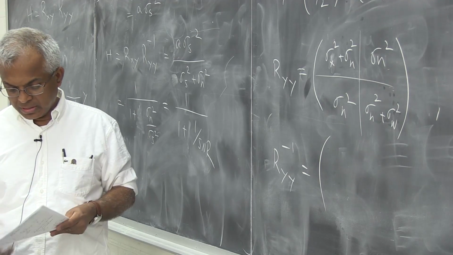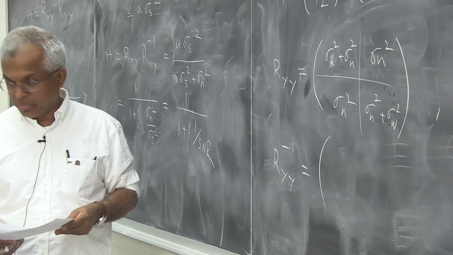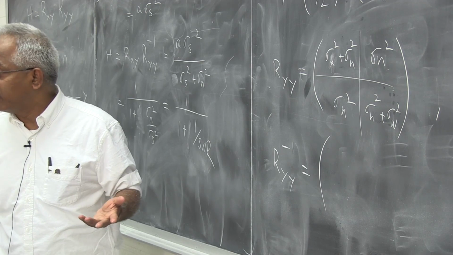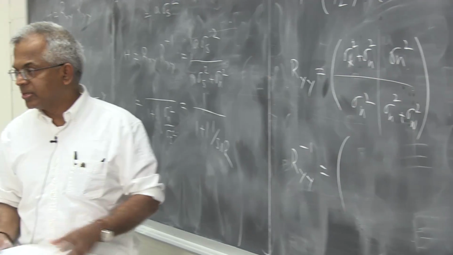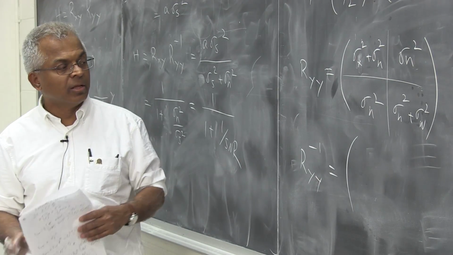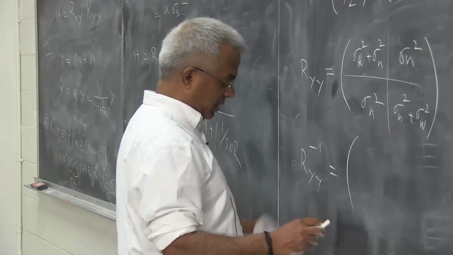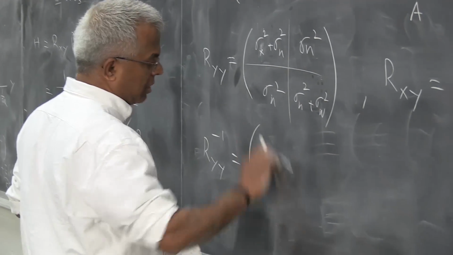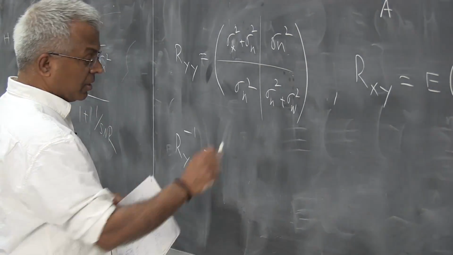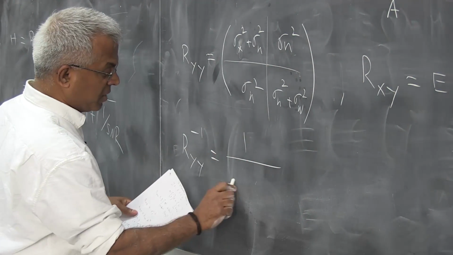I mean it's computed differently, but bottom line. Now a 2 by 2 matrix, at least you can find the inverse, right? So that's done there. So the inverse will turn out to be, I'll copy it here, after some simplifications.